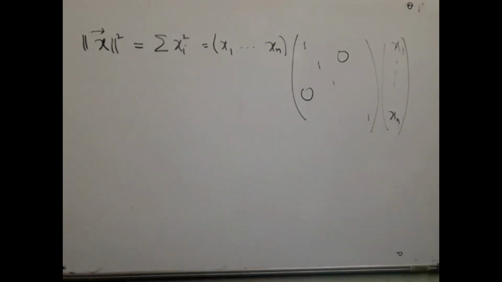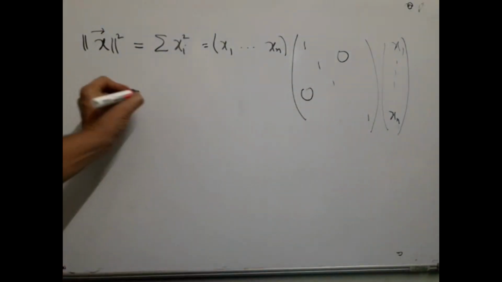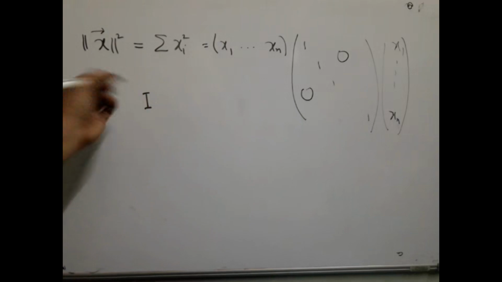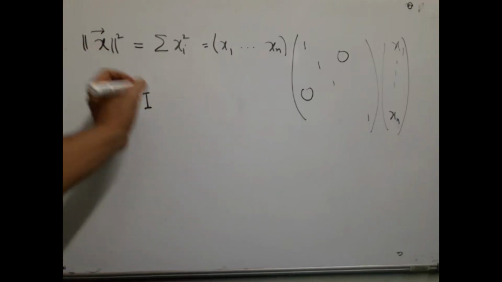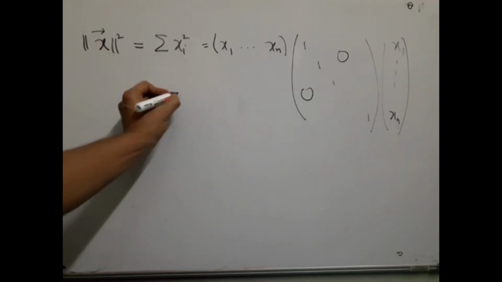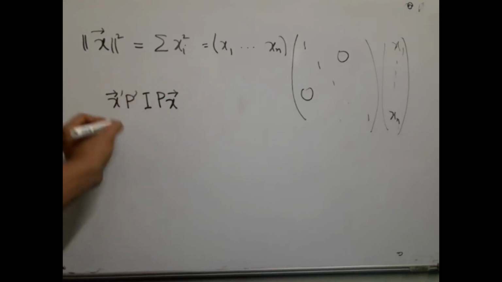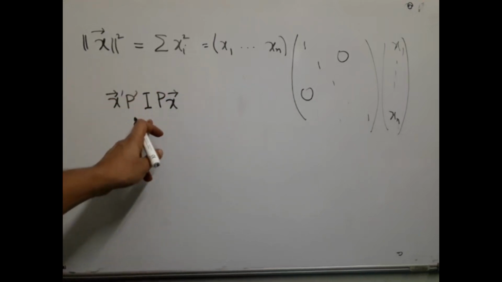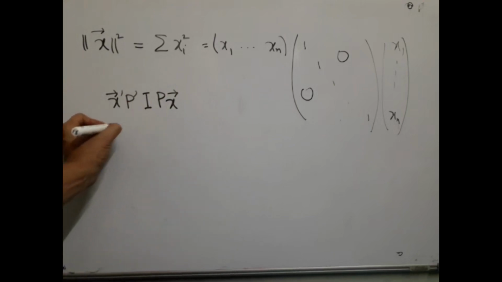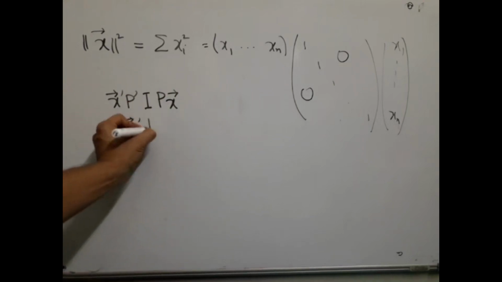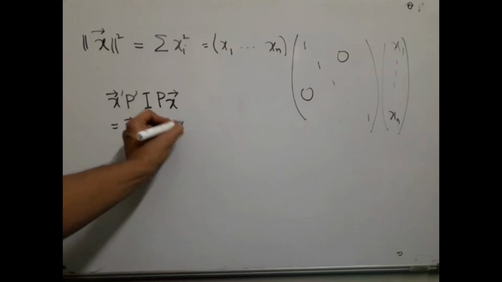Now if you change the basis, you can represent the same thing using some other matrix, and that matrix will be congruent to the identity matrix, and that is of this form. You started with I, you change the basis, as a result this x now gets converted to px, so it is x transpose p transpose. So this is, because multiplication by identity doesn't change anything, simply x transpose p transpose px.